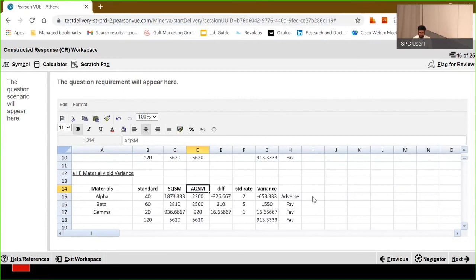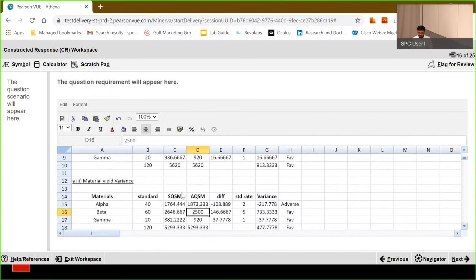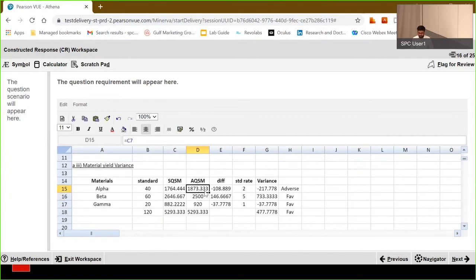So actual quantity in standard mix we already calculated. You can see in the above calculation we did the calculation of actual quantity standard mix. Just select this cell and then we can simply copy it for the remaining cells. This gives you 5620 actual quantity standard mix. How to calculate standard quantity standard mix?